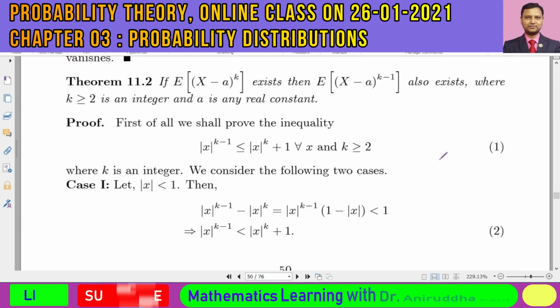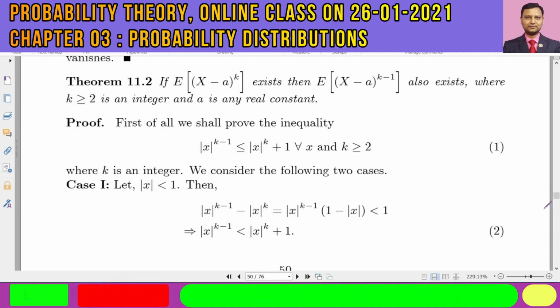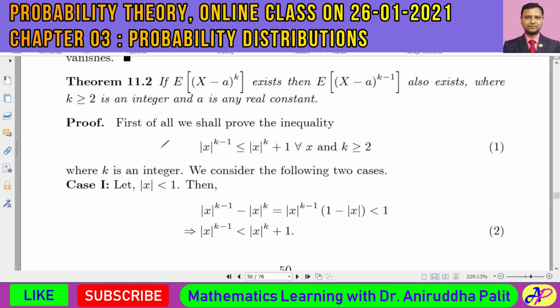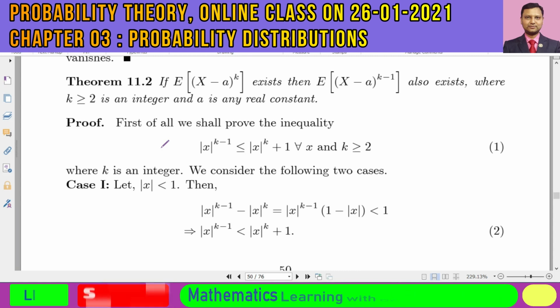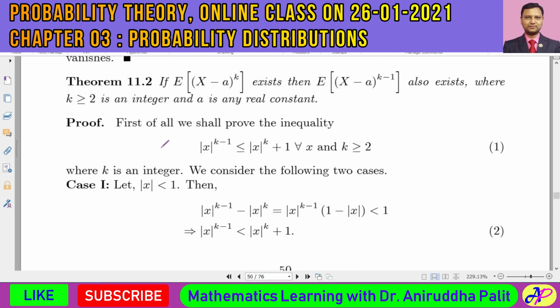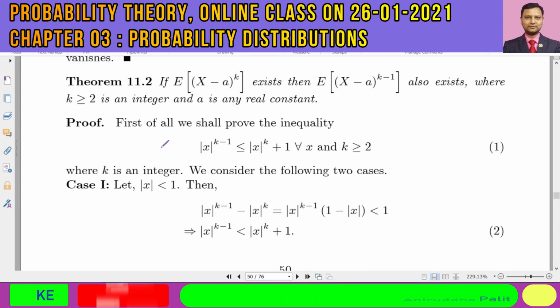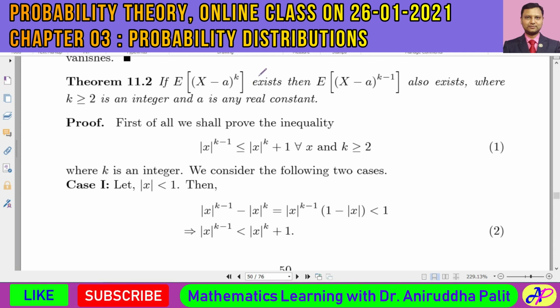Okay, next, one more important result that has been asked many times in exams, that says that the existence of a higher order moment implies the existence of lower order moments. Maybe central moment, maybe any other kind of moment. So we consider the general case, any moment about a point, maybe about a real number a.